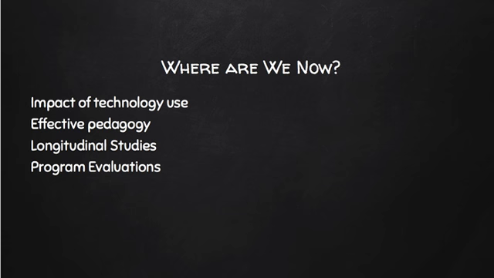And as you know, I say achievement, you've got to be specific with that, but that's where we are. So it's the impact. Technology's been around long enough that we now need to start showing that it does have some effect, and look at what kind of effects it has on learning.